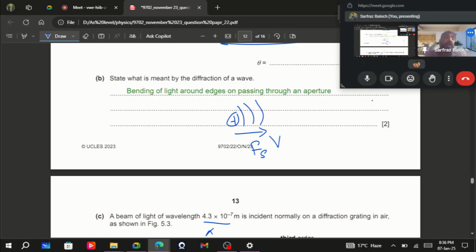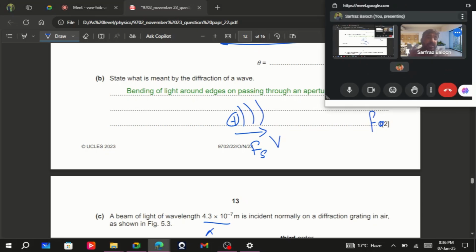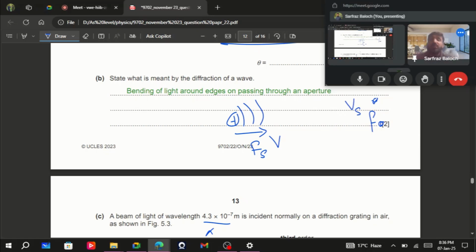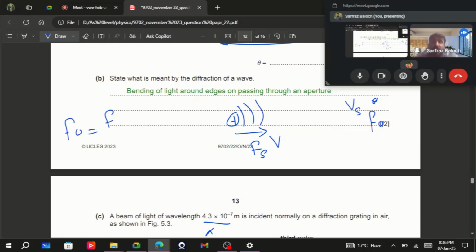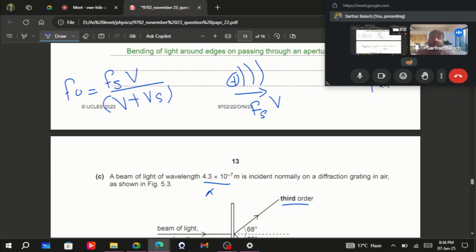The observer observes frequency f naught, and the speed of the source is Vs. If the source is moving away, you will use f naught equal to fs times V over V plus Vs. If the source is moving towards the observer, you will use f naught equal to fs times V over V minus Vs. This is about the Doppler effect.